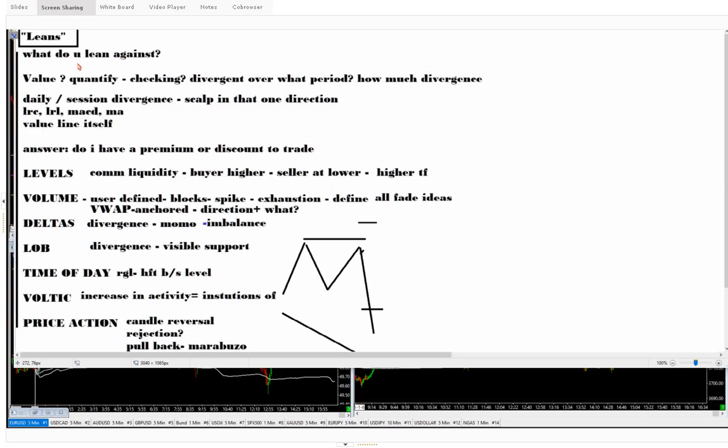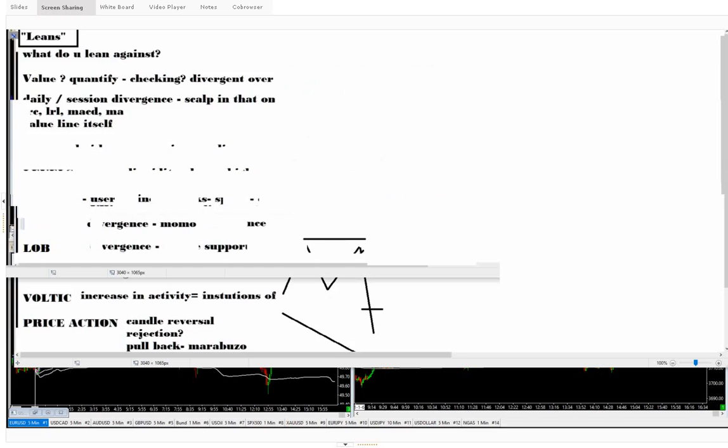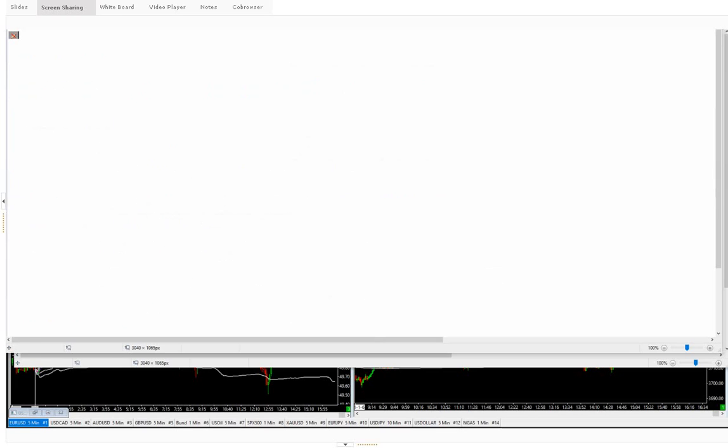So that's why we did that little exercise as well, because if we go back now and I said to you guys, let's assume I ask you all, what is your lean? So let's do leans. What is your lean? And you say to me, right, if I get an uptick in value versus, say, a downtick in price, that's my lean.